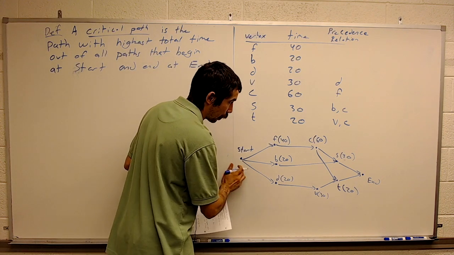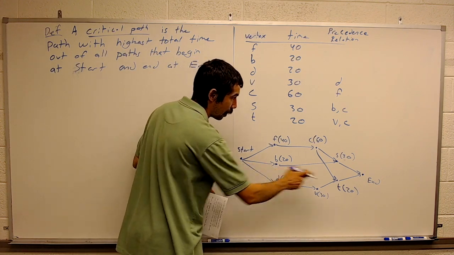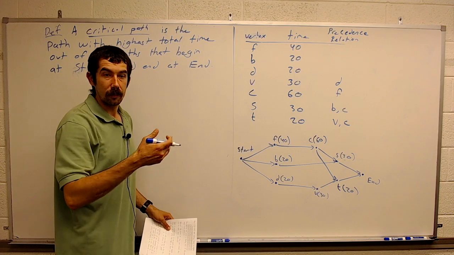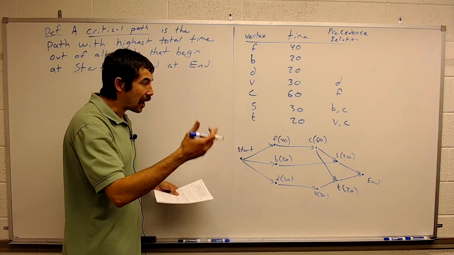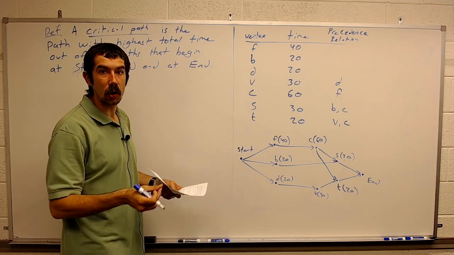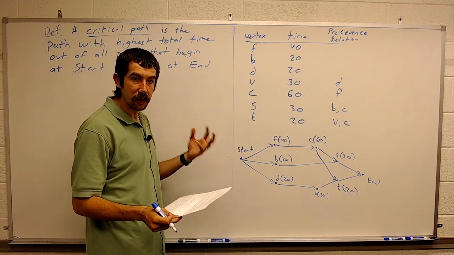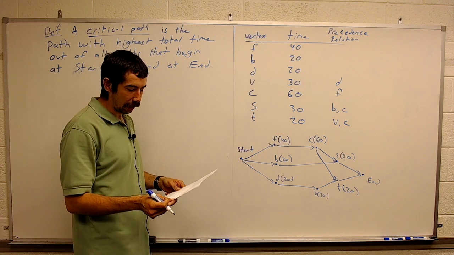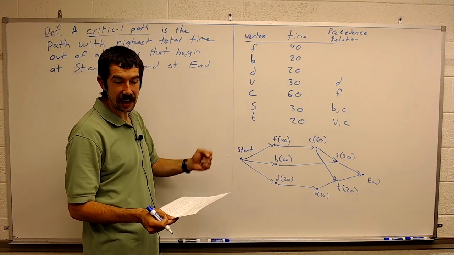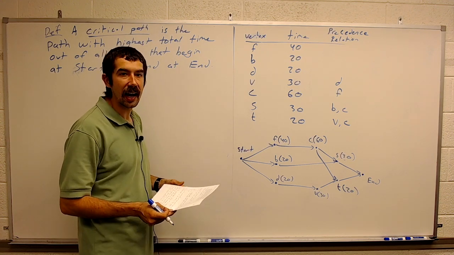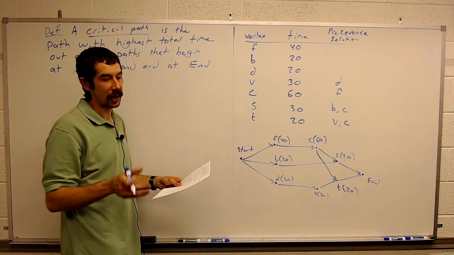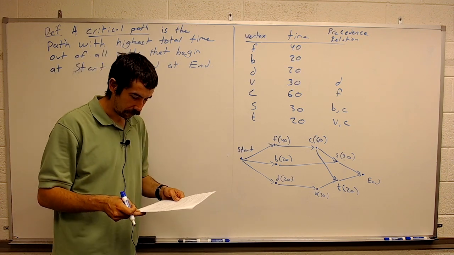Okay, so we look at all possible paths that begin at start and end at end. The one that has the highest total weight, that's our critical path. And the length of the critical path gives us the best case scenario for completing all of the tasks. Okay?